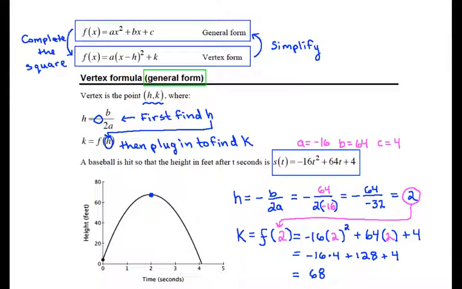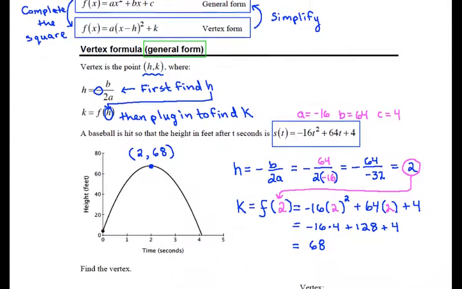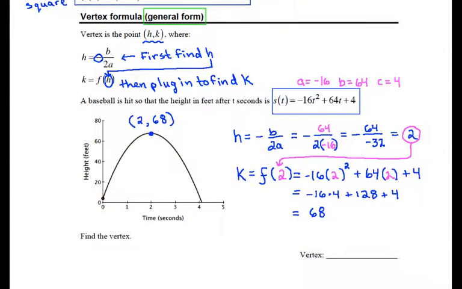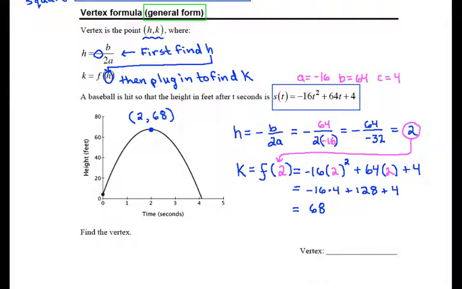And note that the vertex is an ordered pair, so both of these coordinates make up my vertex. The coordinates of this point are 2, 68. So my vertex is at 2, 68.